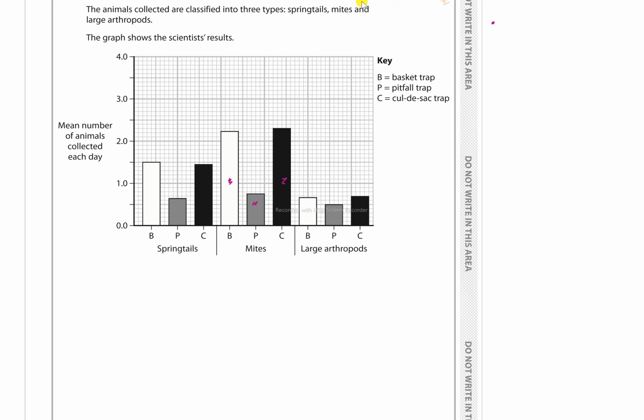So we can say more mites collected overall in each type of trap.